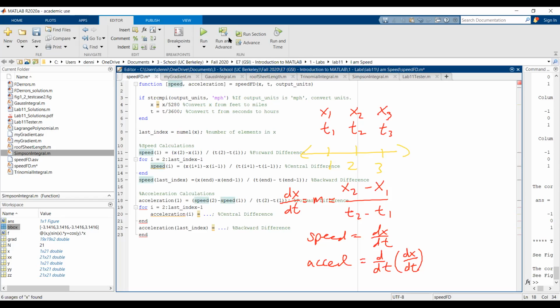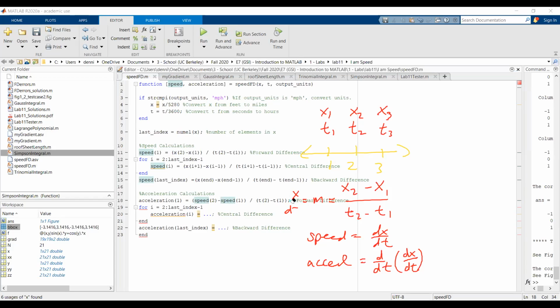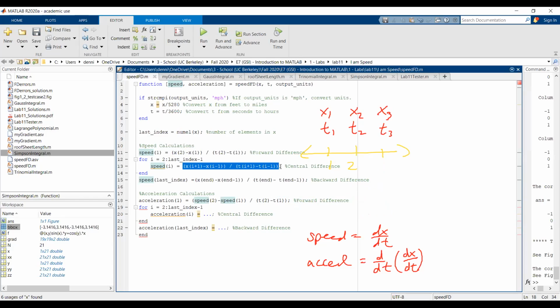Let me erase part of this so we can see that. The rest of that's going to be the same. It's just instead of x, we have speed, also known as x dot or dx over dt. Boom. Speed.